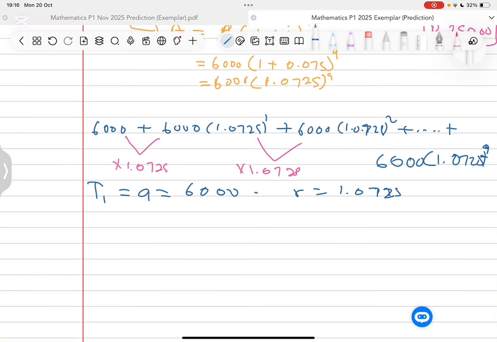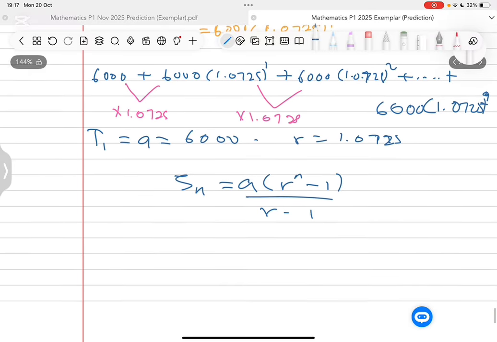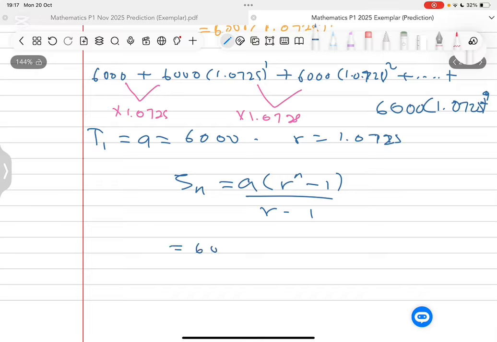Our formula we know of a geometric series is given by Sn is equal to a open bracket r to the power n minus 1 all over r minus 1. And we are saying here that our first term is 6,000. Our ratio really is 1.0725.